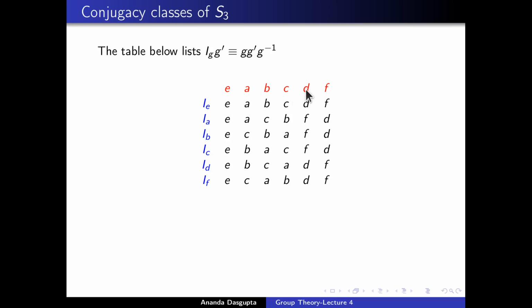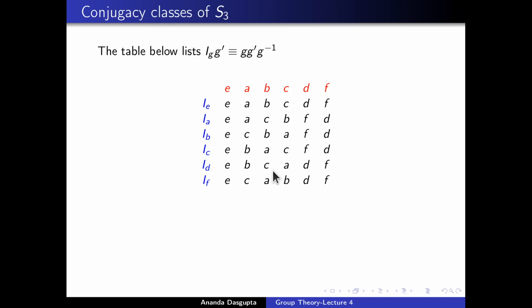On the other hand, if you look at these two columns, the ones labeled on the top by D and F, you just see D and F recurring, which is why you have a two-element conjugacy class built out of D and F. And these columns clearly show that A, B and C are conjugate to each other and they form their own conjugacy class.